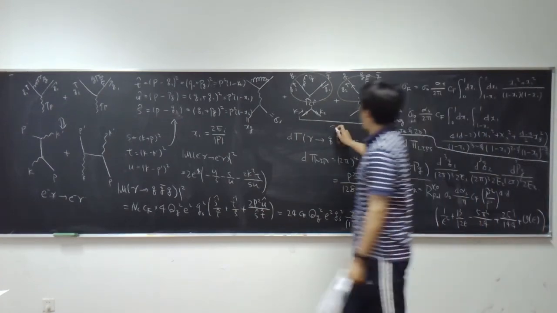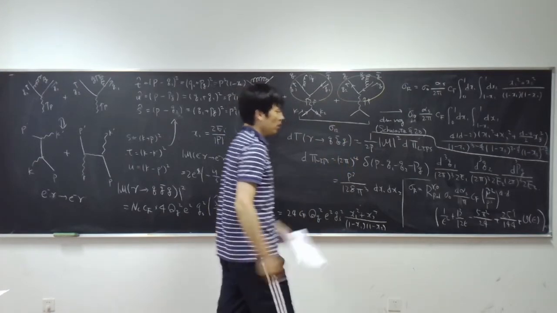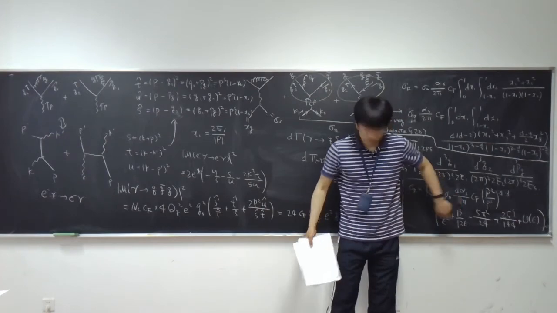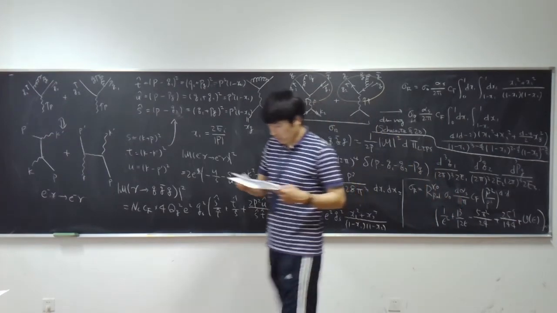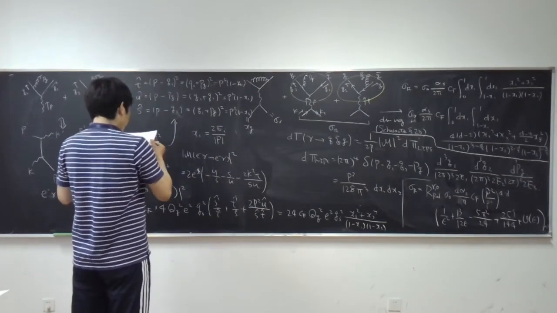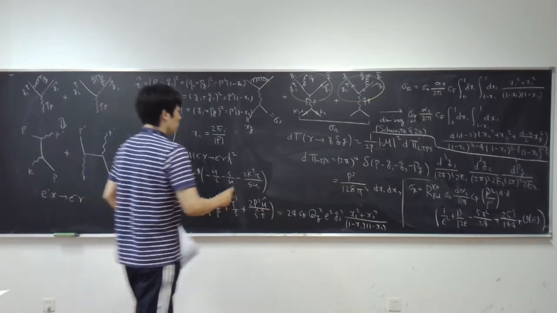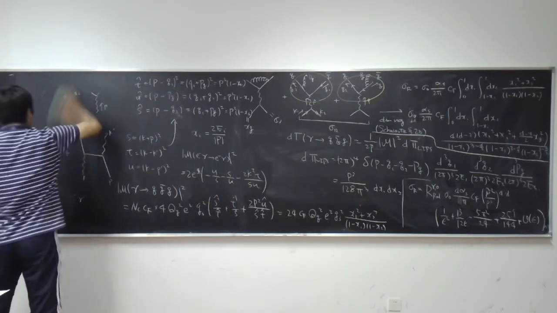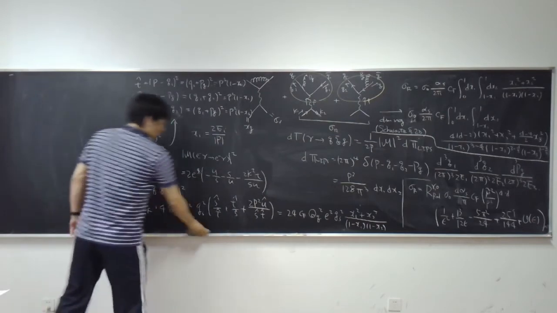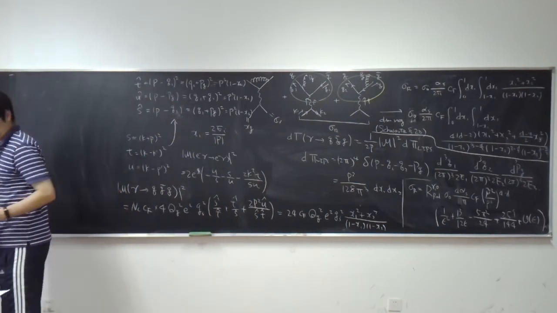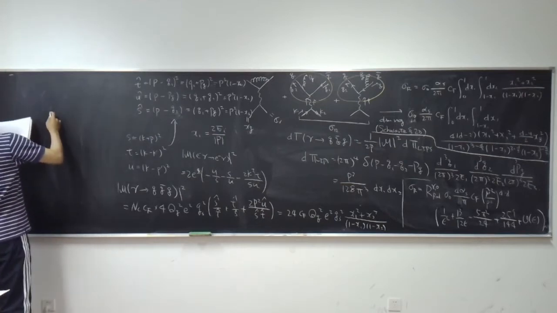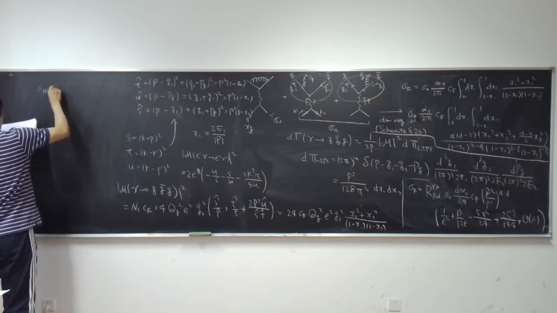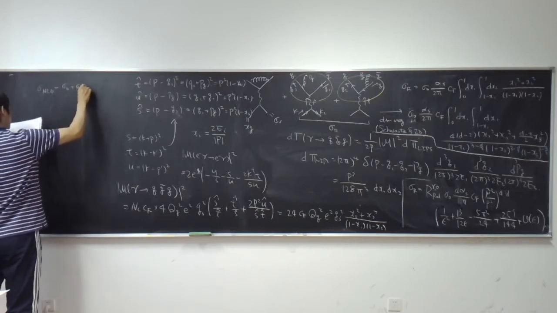And then that's sigma r, and sigma b cancels these two divergent factors, and what you obtain is sigma to next leading order, sigma 0 plus sigma r plus sigma b.